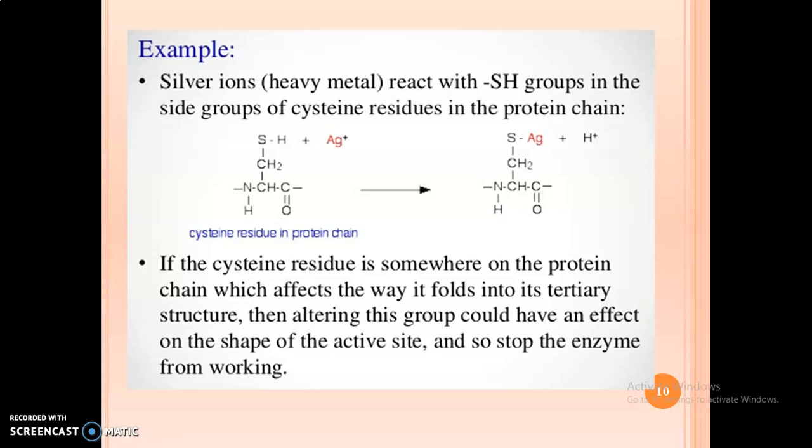Example is silver ion, which acts as a non-competitive reversible inhibitor for the SH group which is present on the cysteine residue of any protein. So cysteine is an amino acid, right? If this amino acid is present in any protein chain, this cysteine is a sulfur containing group, right? So it will have an SH group, and if this SH group binds with the silver ion, an SAg group will form. This conformation restricts the folding of your protein structure.